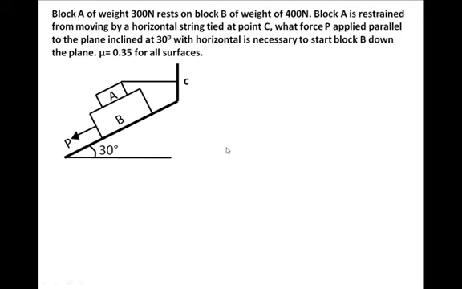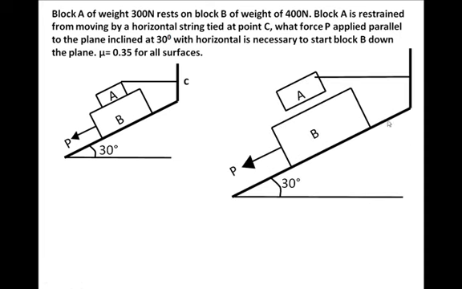In problems like these, the first step is to draw free bodies of all the bodies, that is A and B. So here for B, we are trying to draw all the forces. See the weight, the normal reaction from A, and the two frictional forces. Note that a reaction is always perpendicular to the surface it is touching. So this is perpendicular to the surface of A, and this is perpendicular to the surface of the plane.